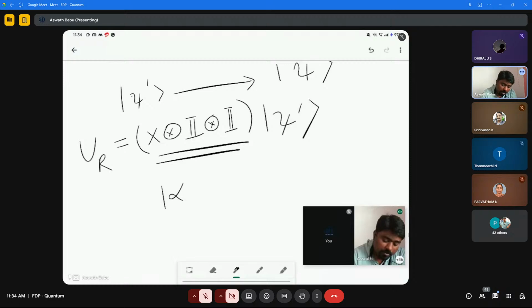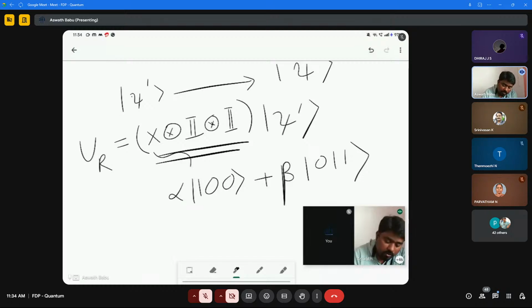What is psi prime, by the way? Psi prime is alpha 100 plus beta 011. Whenever X acts on the first qubit, I acts on the 0, I acts on the other 0. Nothing happens to the 00 because it's the identity gate, but the X gate acting on 1 gives me 0, so 000.